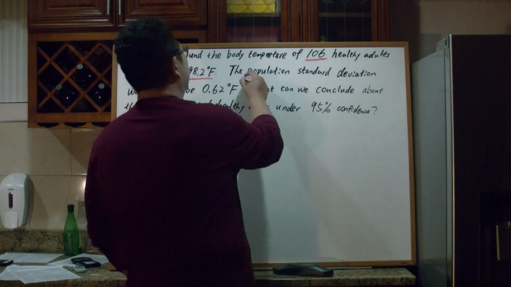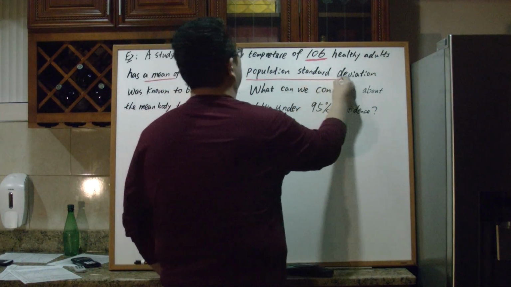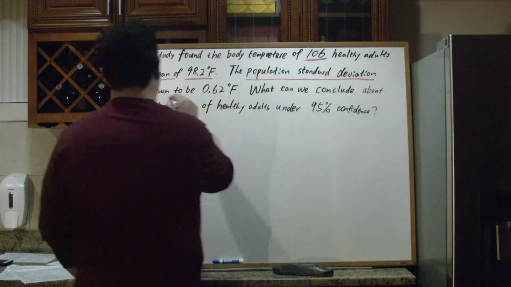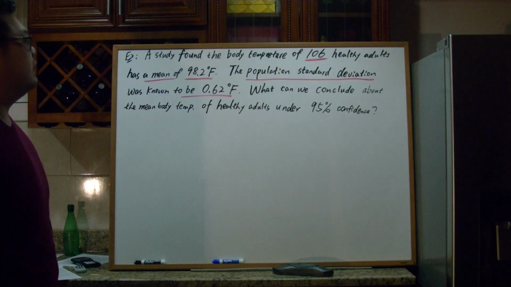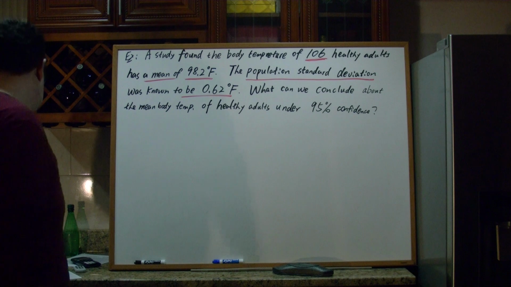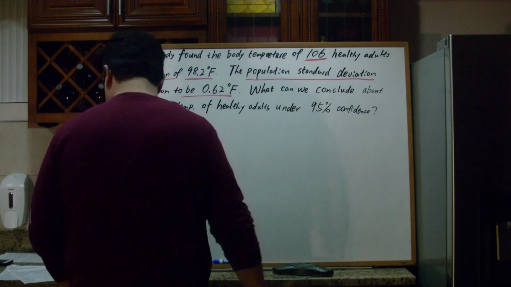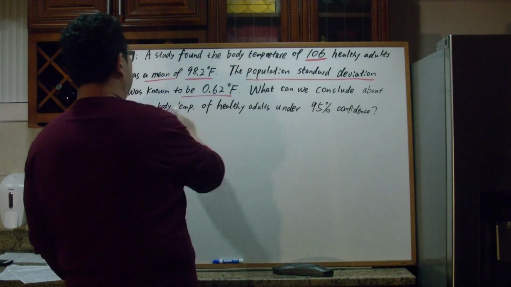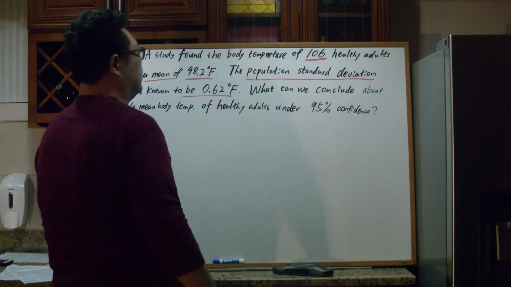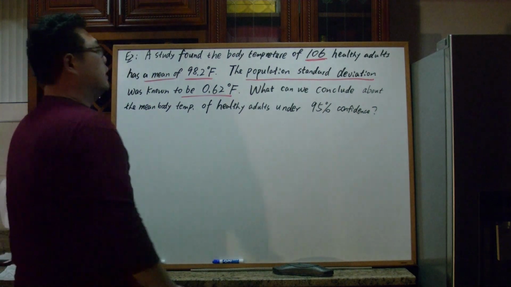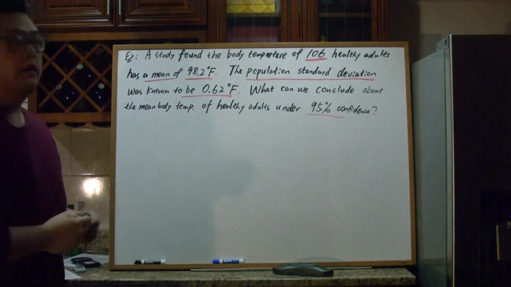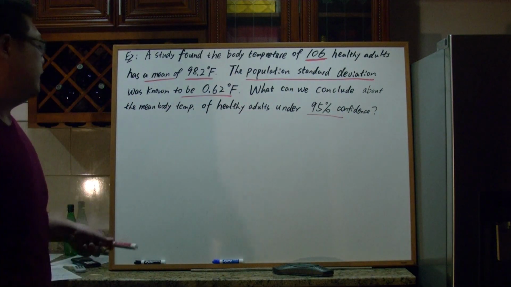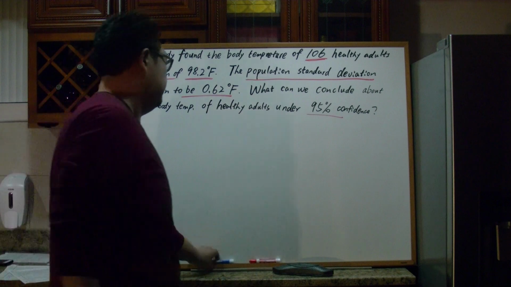It also clearly states that the population standard deviation is 0.62 degrees Fahrenheit. That's what's given as well. And it asks for the mean body temperature of the population at 95% confidence. The confidence level is 95%.